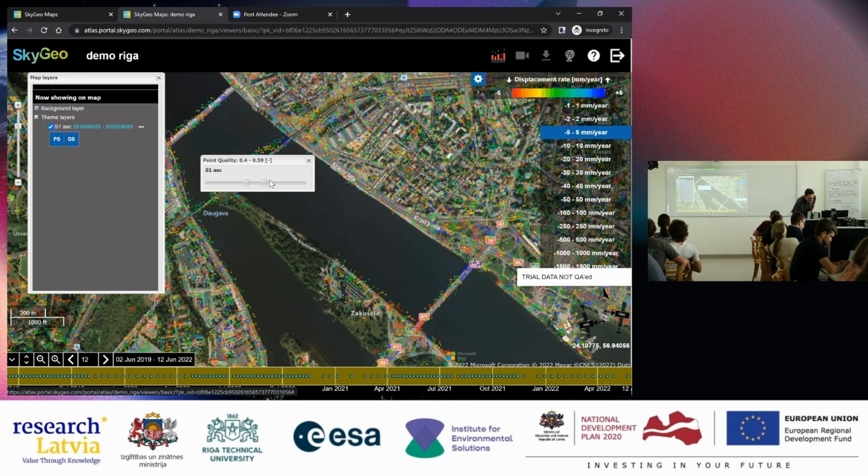Did anybody see another interesting phenomenon in here? Anybody found something interesting? This picture is for both bridges, the plus and minus for both bridges. Sorry, it's a little bit far, I cannot hear you. The other bridges.